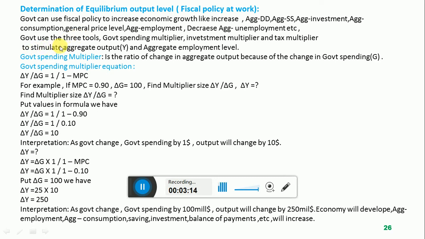Stimulate means to increase aggregate output of Afghanistan and aggregate employment level of Afghanistan. Simply, how government will ensure economic growth, how government will increase or decrease aggregate output using the three types of multipliers: government spending multiplier, investment multiplier, tax multiplier.